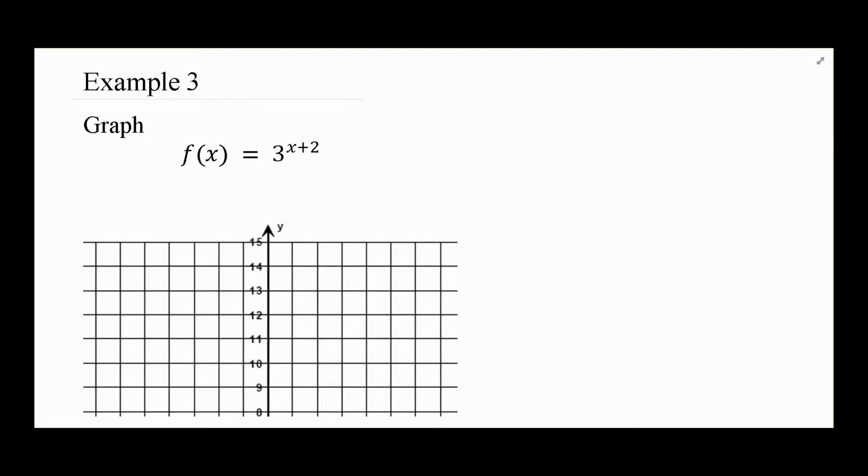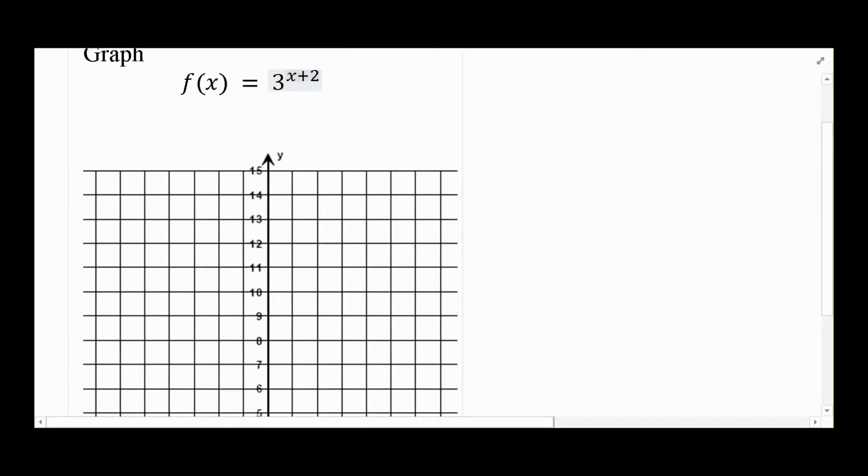So now let's look at a shift. So in this graph, we're supposed to be graphing 3 to the x plus 2. That plus 2 is directly next to the x, meaning the shift is to the left 2 units.